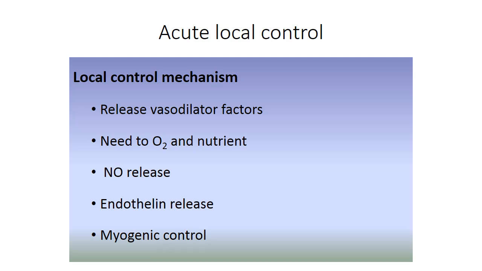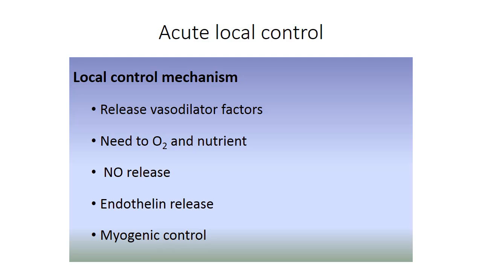For example, some neuropeptides such as substance P and histamine release for vasodilation of some parts for acute local controls. Also, endothelin is released by endothelial cells, and this is an important vasoconstrictor for acute local control.